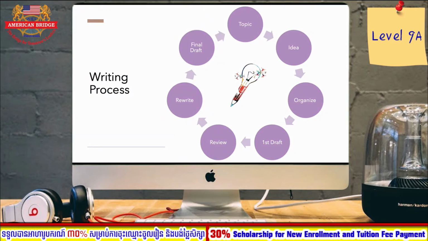The first step, you need to choose the topic. The second step is to gather the ideas, the information, and then organize that information and start your first draft, review it, and rewrite the second draft, and then edit, proofread it, and make it the final draft.